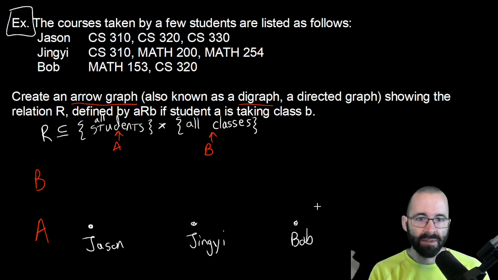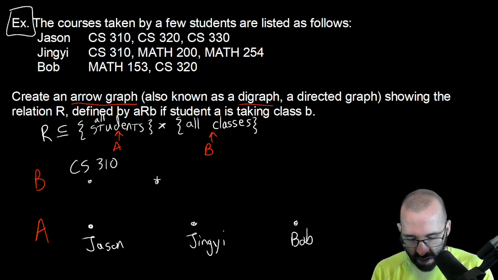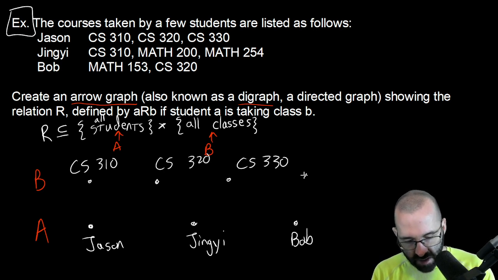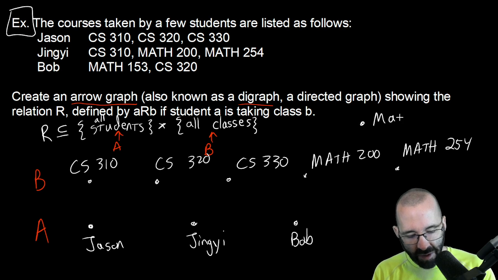Similarly, everything in the output as well. We'll have CS 310, CS 320, CS 330, Math 200, Math 254, and somewhere over here, we'll have Math 153.